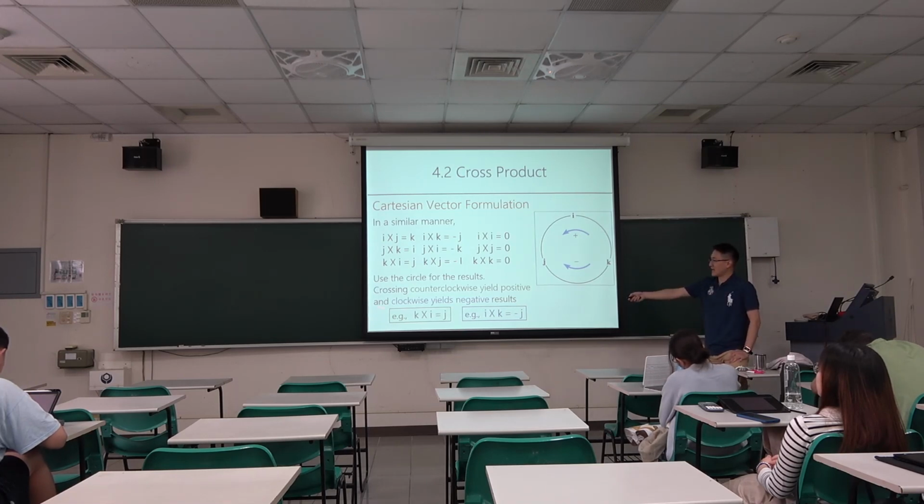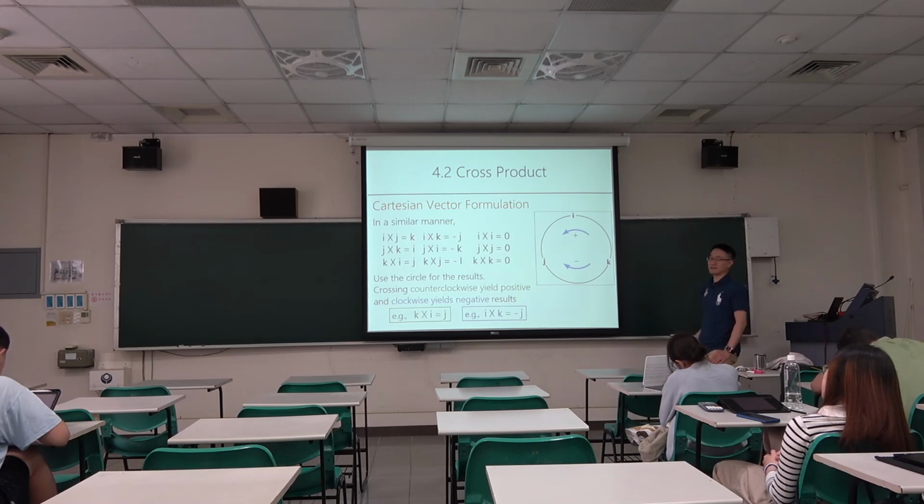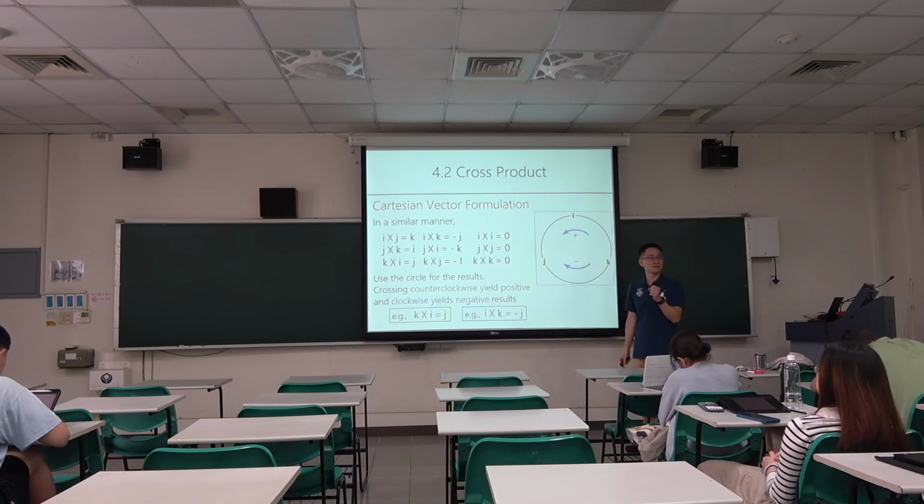That's the same as I mentioned. So i cross j gives us k, but i cross k gives us negative j. And i cross i is 0 because sine 0 is 0.